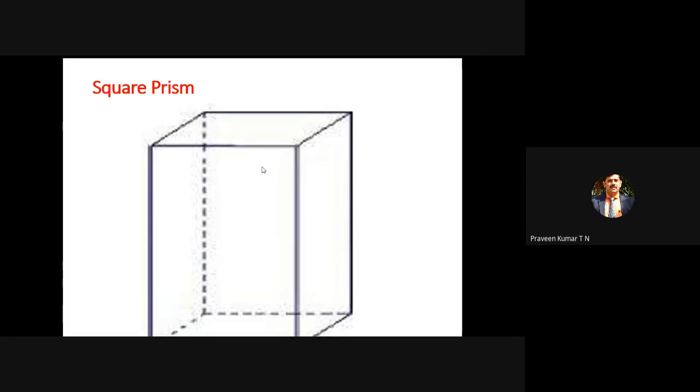Once we have cut at a certain angle or on a certain plane, your cutting plane will cut the top edges. This edge also it cuts, and this edge also it cuts. So the cutting plane will cut all 4 or 5 edges. Those points are to be identified in the case of the development of the lateral surface.